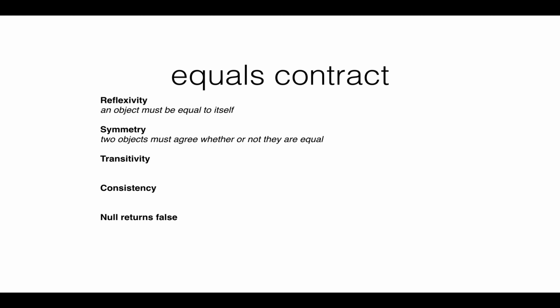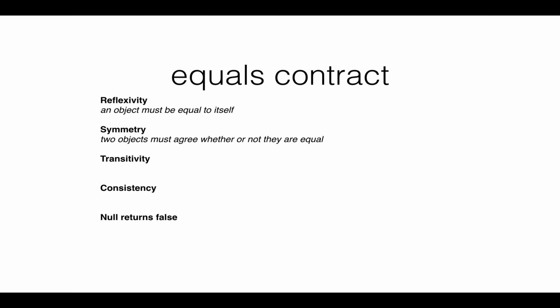Symmetry. 2 objects must agree whether or not they are equal. If my old car equals some other car, then some other car equals my old car must also return true. This sounds obvious and very simple, when in fact it is not such a simple condition when it comes to inheritance.